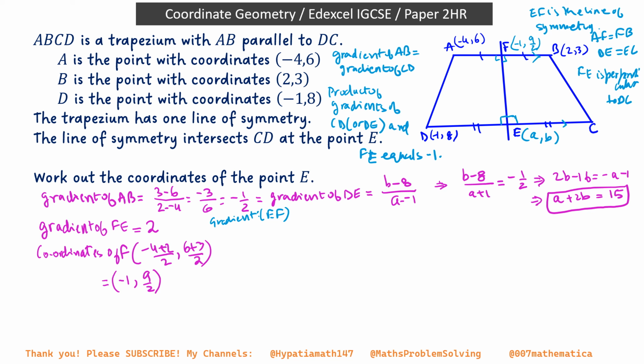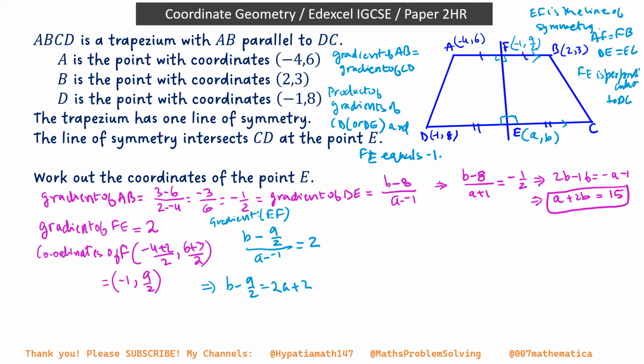So I can do B minus 9 out of 2 divided by A minus minus 1 is equal to 2. So then that would imply B minus 9 out of 2 equals 2 times A plus 1, 2A plus 2.